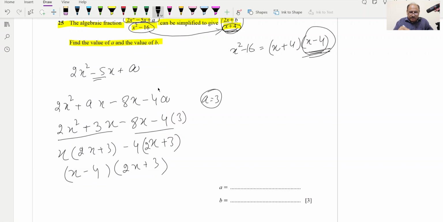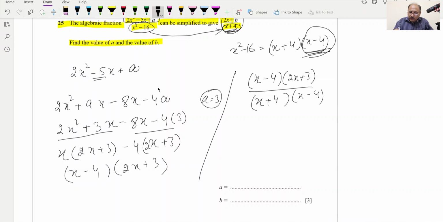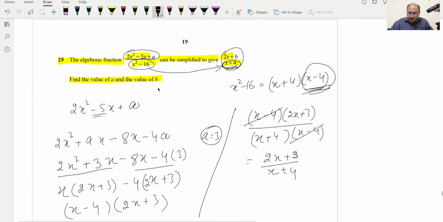So after reaching this one, we can write x minus 4 and 2x plus 3, and we will divide it by x plus 4 and x minus 4, and this will be cancelled, and we will get 2x plus 3 over x plus 4.